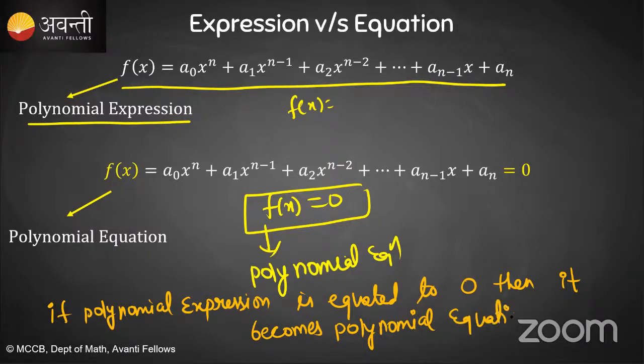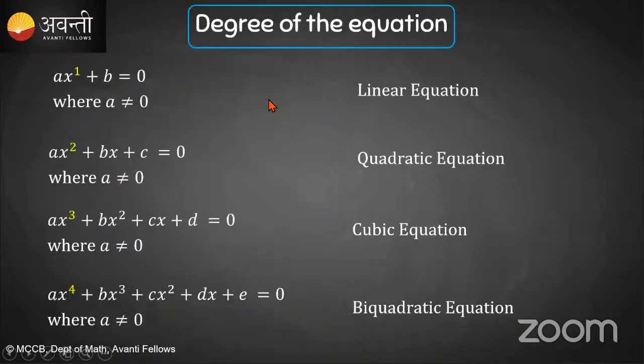Is it clear now? So the difference between polynomial equation and polynomial expression, is it clear? Any doubt so far, student? It's very easy. Whenever your polynomial expression is equated to 0, it becomes a polynomial equation. Okay, so then let's proceed further.